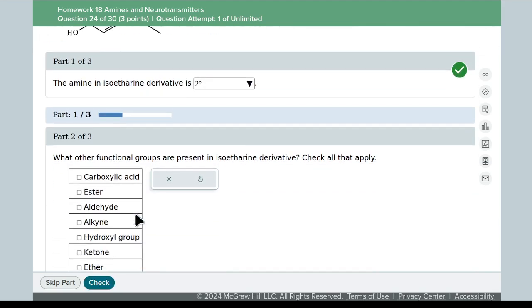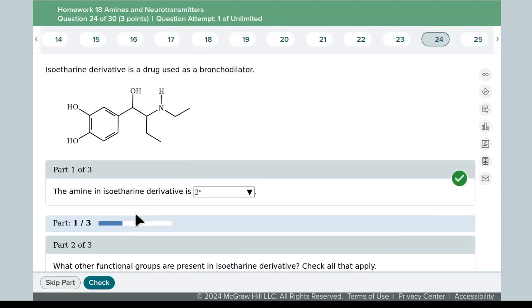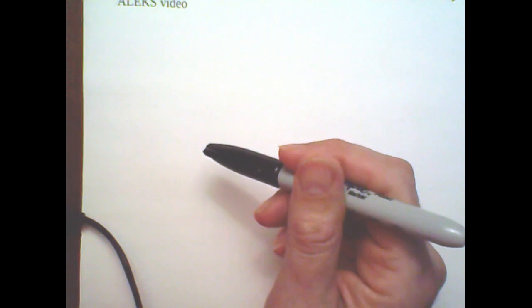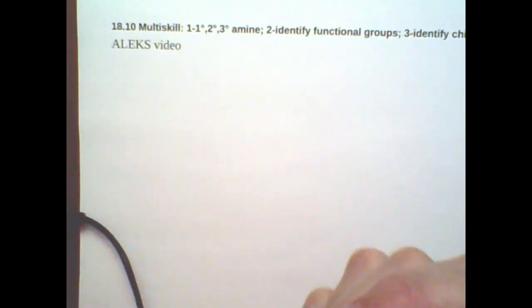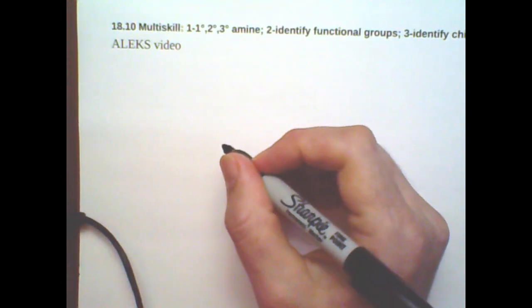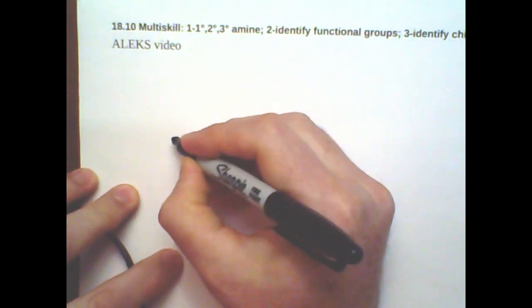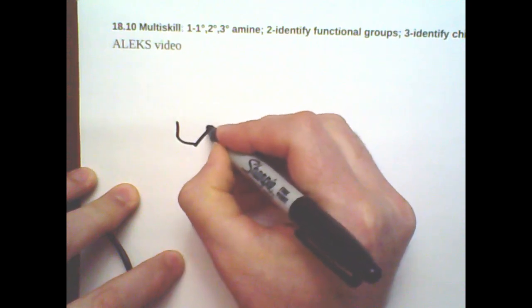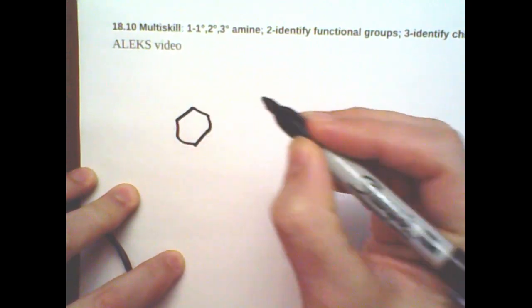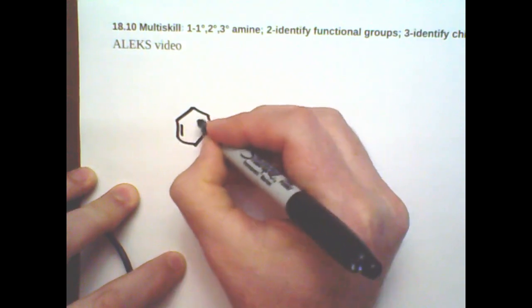What other functional groups are present in the isoetheren derivative? I would draw this out on my paper. The problem tells us it's a bronchodilator.